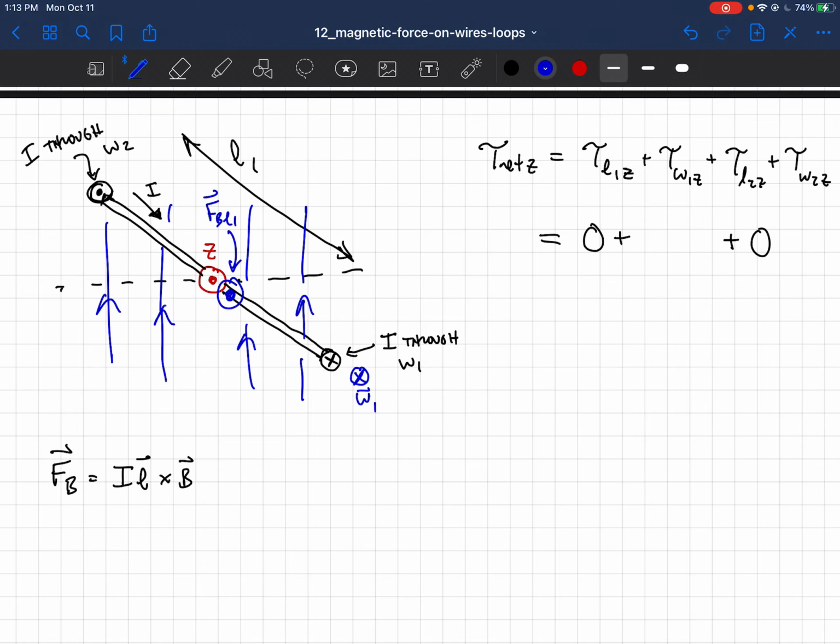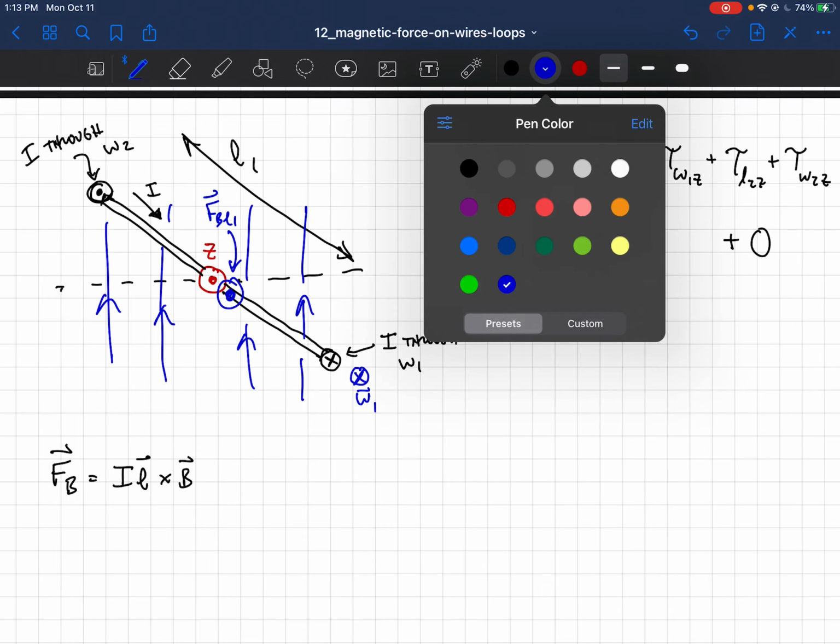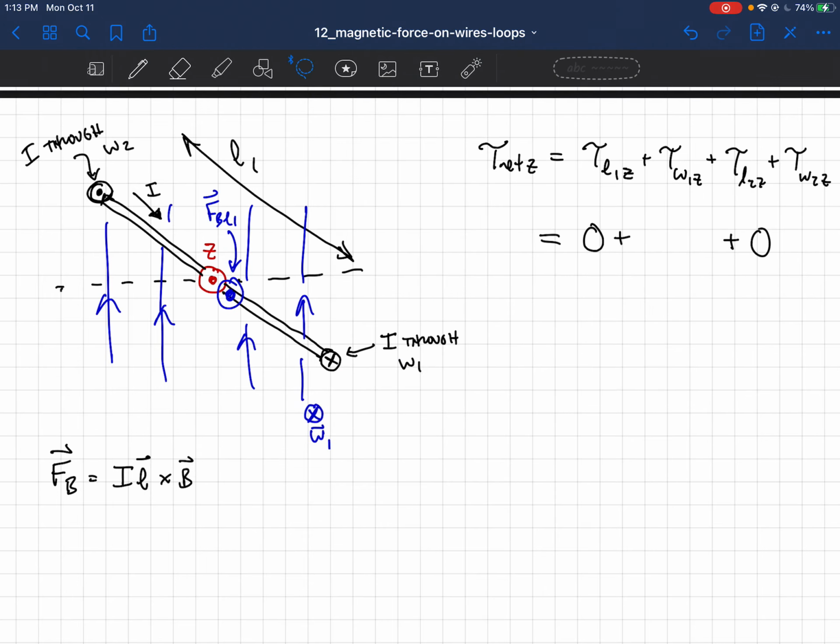Into the page and up the page form a vertical plane that intersects the screen, and perpendicular to that, you should find that your thumb points to the right. So the force on this particular section of wire is going to point directly to the right. So this is FW1, like that.